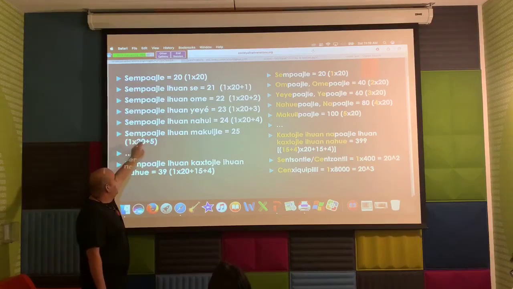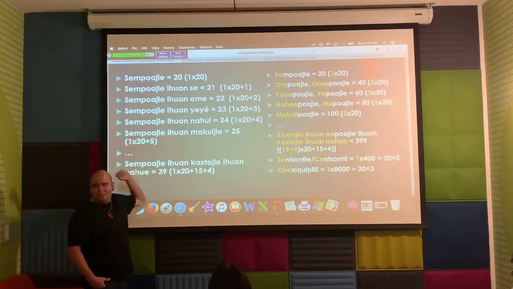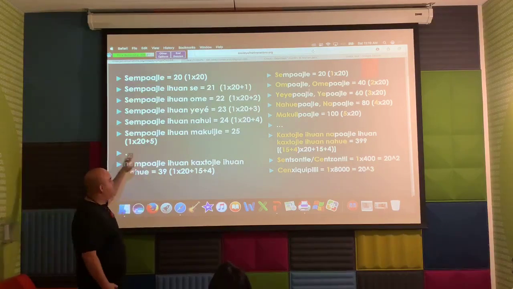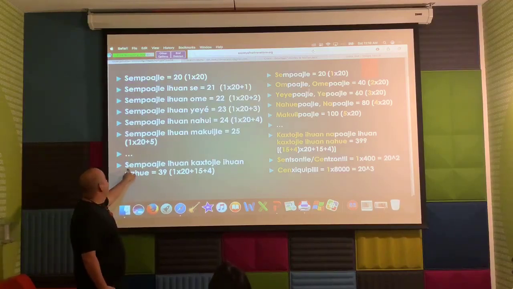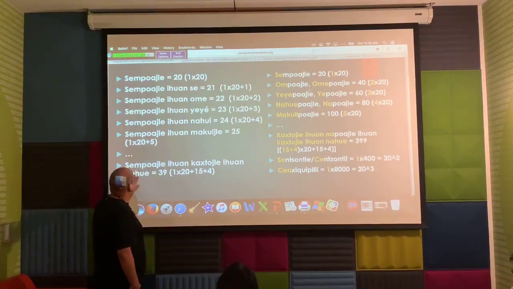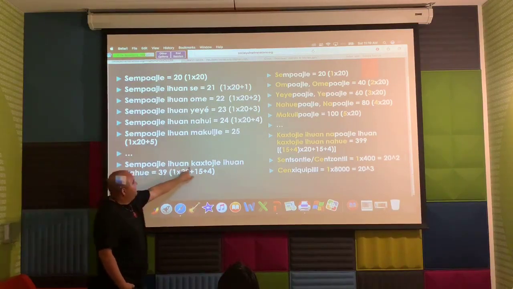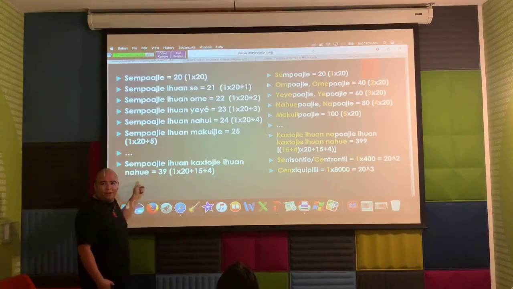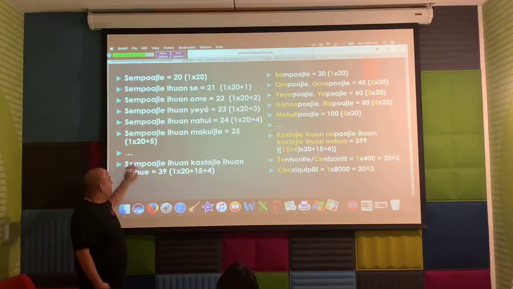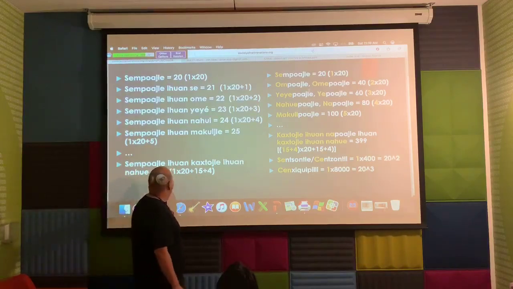After simpoatle iwan makuitle, you go to simpoatle iwan chiquasen, simpoatle iwan chicome, simpoatle iwan chique, simpoatle iwan chicnahue, and then, exactly, this represents 39. So 20 plus 15 plus 4: simpoatle iwan castohle iwan nahue. This concept represents 39.